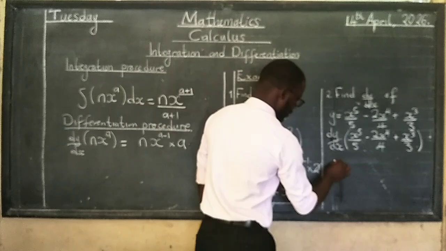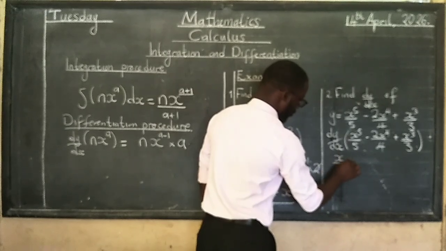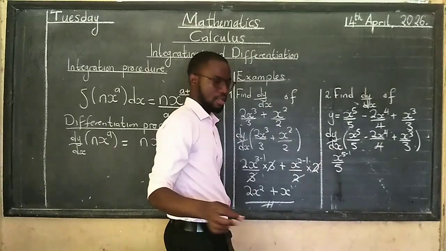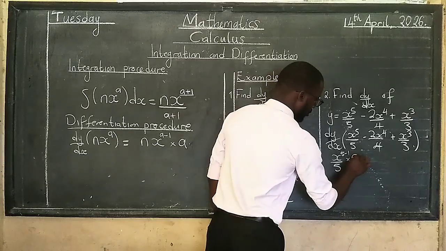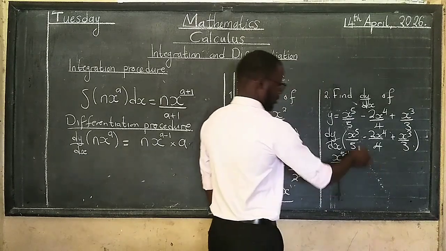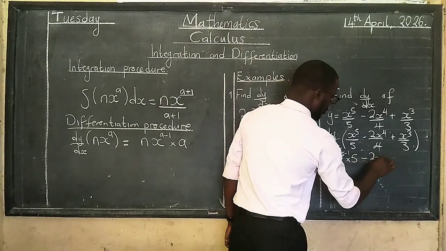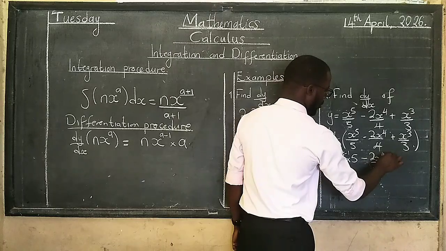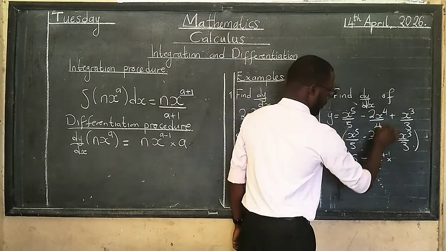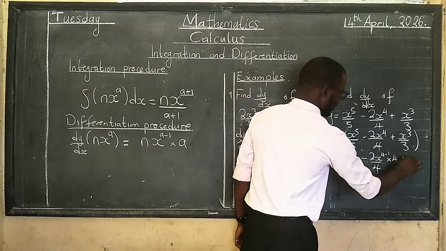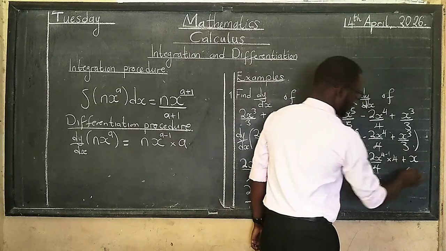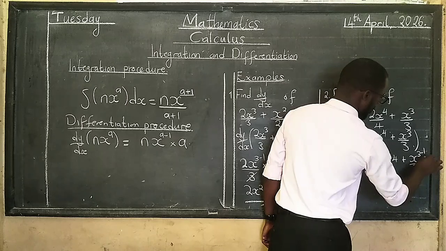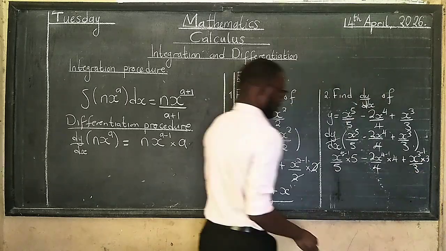Starting with the first part, this is just x over 5 as it is, then 5 minus 1, then multiplying everything by the old power, which is 5 there, minus 2x over 4. Then x is to the power 4 minus 1, multiply everything by the old power, which is 4, then plus there, I have x to the power 3 minus 1, then it's supposed to be over 3, multiplied by the old power, which is 3.